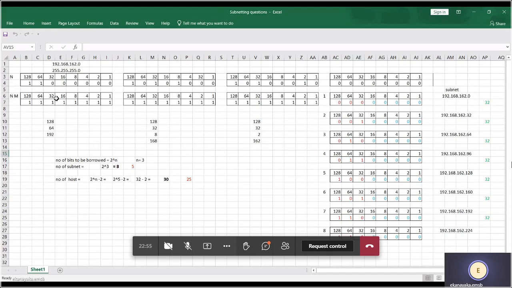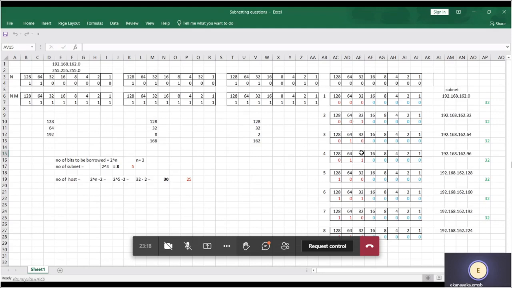So this is the net mask 255.255.255.0, right? I take this octet to represent the 8 subnets. You can see that initially the borrowed 3 bits are in the 0 state. Then I increment the rightmost bit by 1.